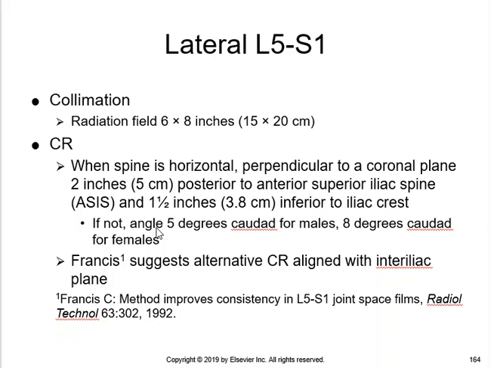And if you haven't built the patient's back up to be parallel to the image receptor, you're going to angle 5 degrees caudad for males and 8 degrees caudad for females. So all of this, you've got to know: 2 inches posterior to the ASIS, 1.5 inches inferior to the iliac crest.